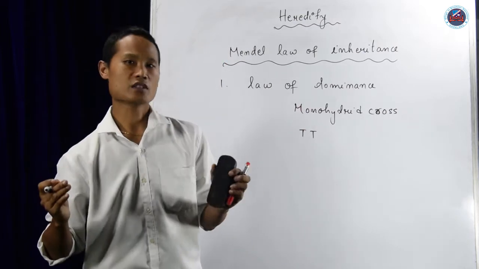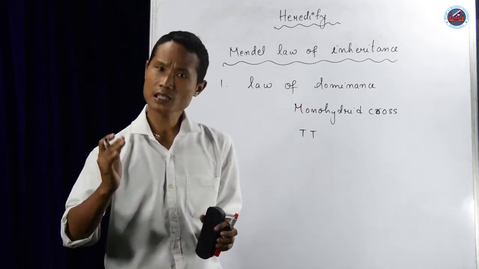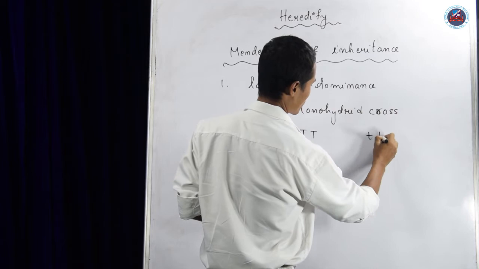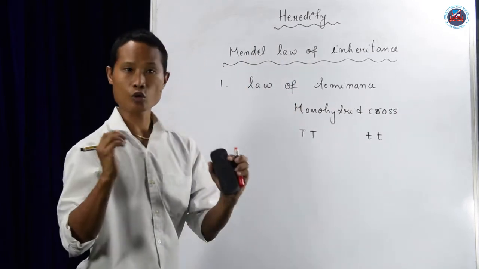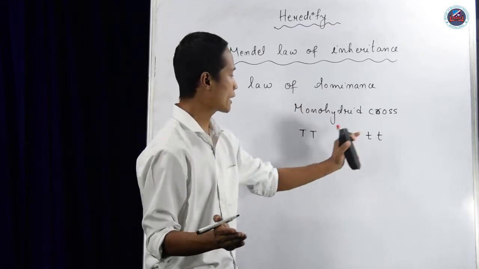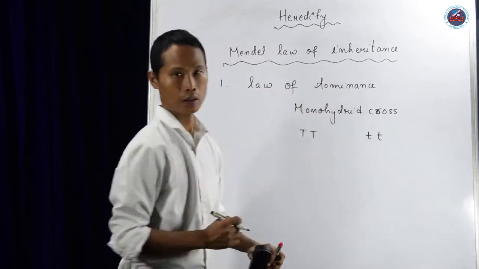The law of dominance, or Mendel's law of inheritance, always starts from the pure line. So this is a pure line: a tall plant having the allele capital T, and a dwarf or short plant, that is small t, small t.